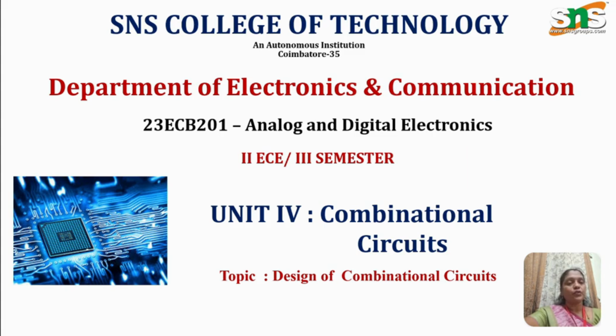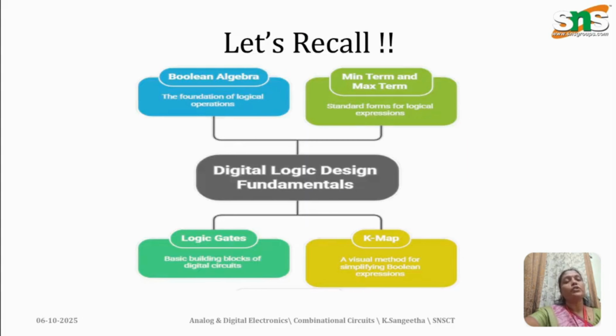So in this video, we are going to discuss the design of combinational circuits. Let us have a small recap of the previous class. In the previous class, we discussed logic gates, the basic blocks of digital circuits, and Boolean algebra. We use some laws to minimize the Boolean expression, for example, De Morgan's law, associative law, and some identities.